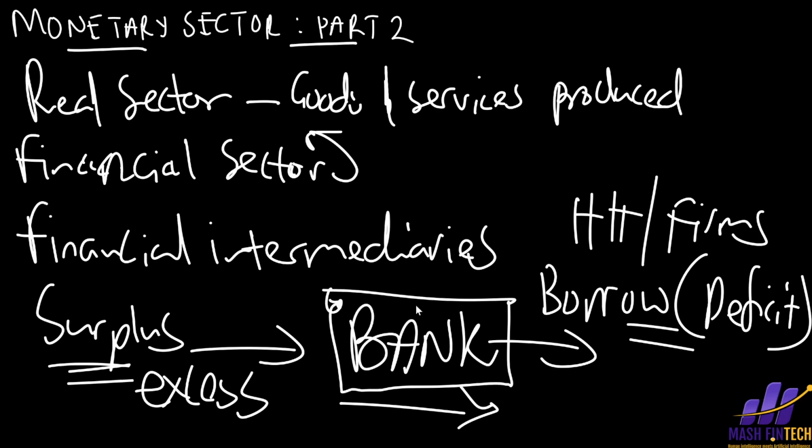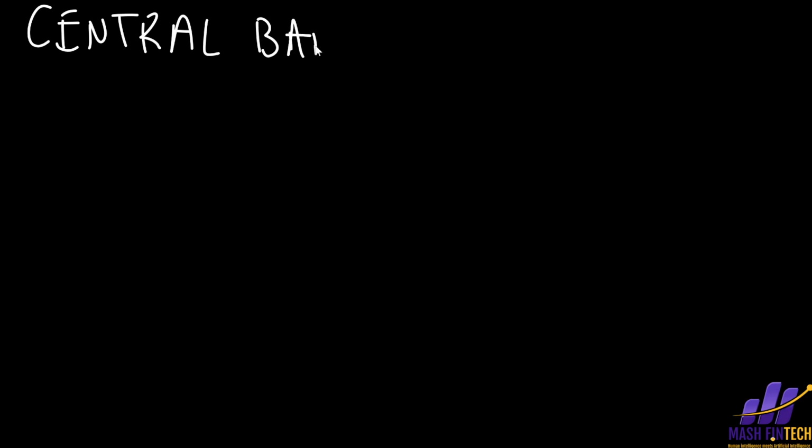These financial intermediaries are overseen by a central bank. The central bank in South Africa is referred to as the South African Reserve Bank. I'm going to refer to it as the central bank.